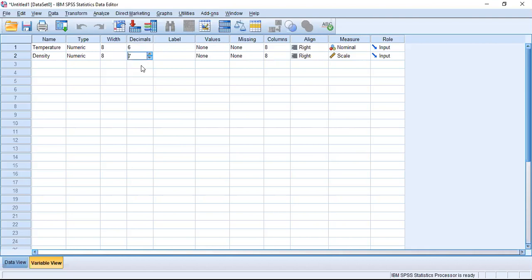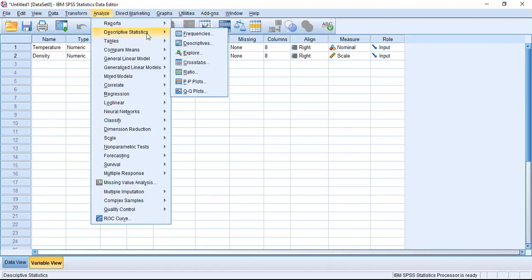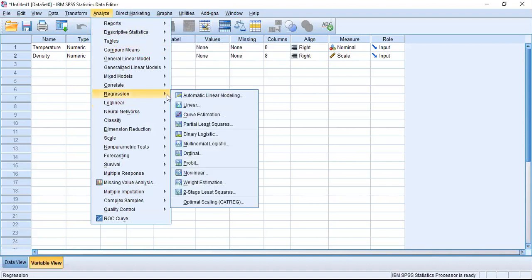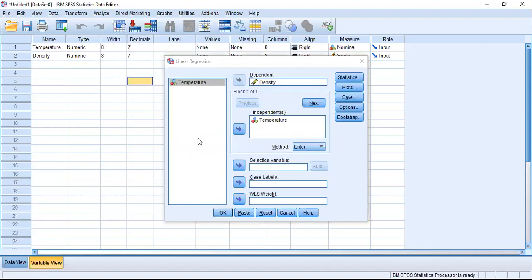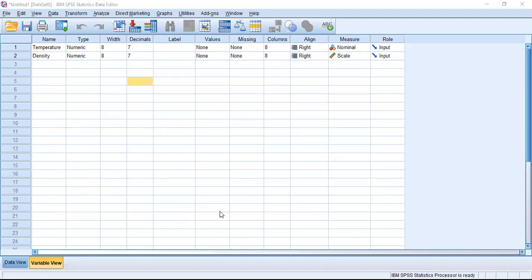Then let's try 7. Let's leave it at 7 and see what happens. Still, it's not changing. Let's try a different one, or increase it to 9.